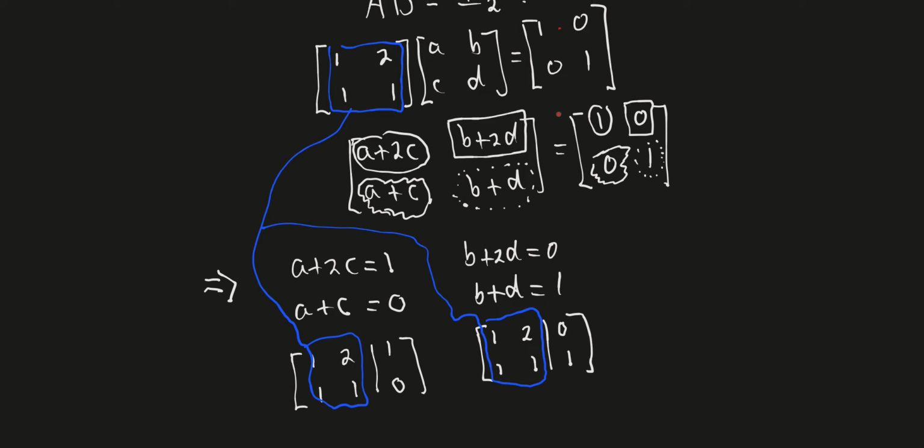So my claim is this, that the matrix -1, 2, 1, -1 is the multiplicative inverse of our original matrix, which was the 1, 2, 1, 1, right?